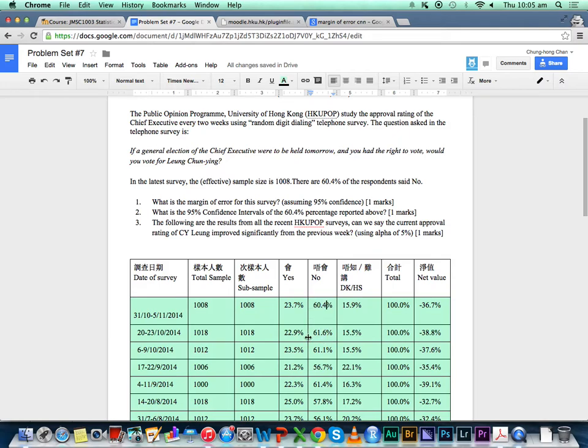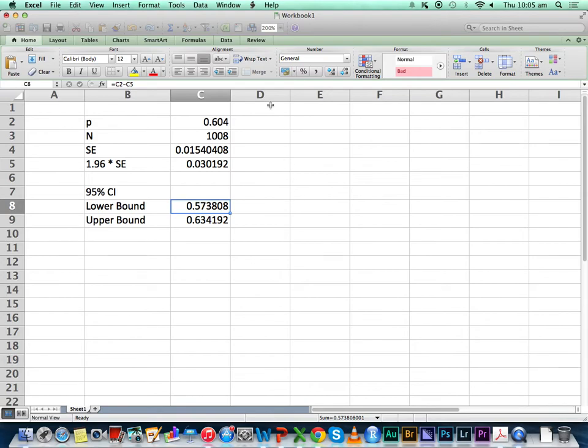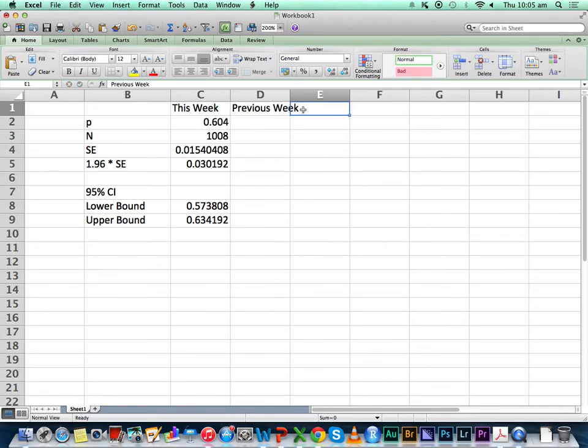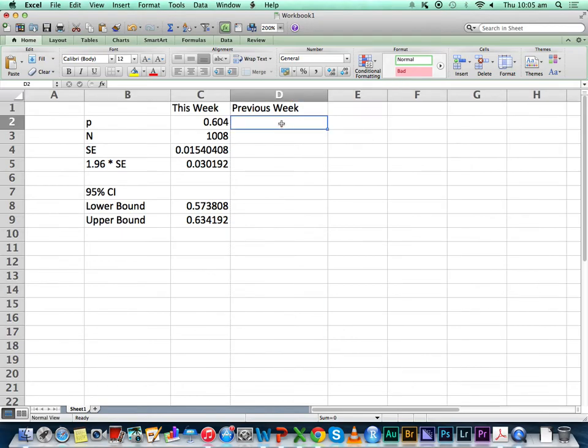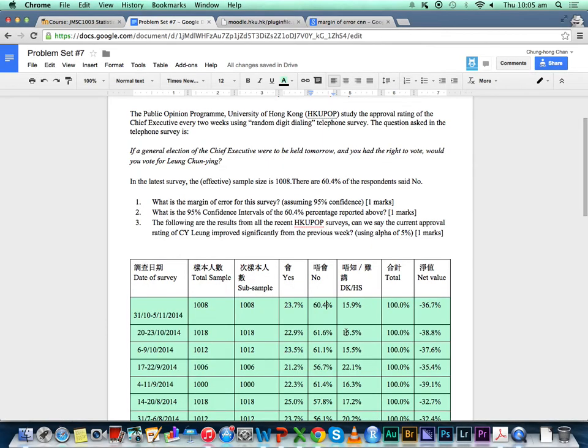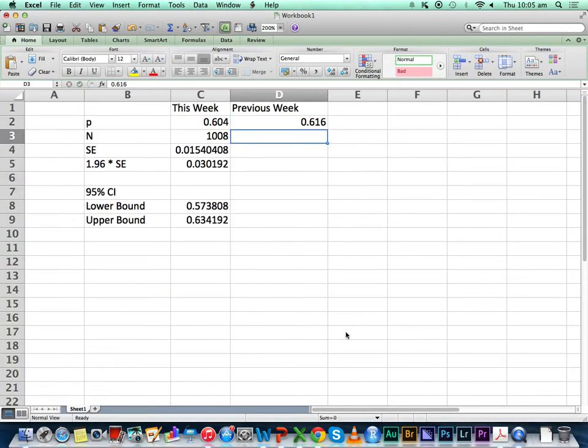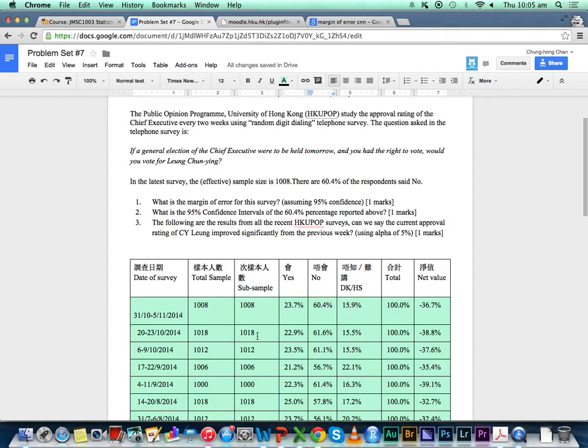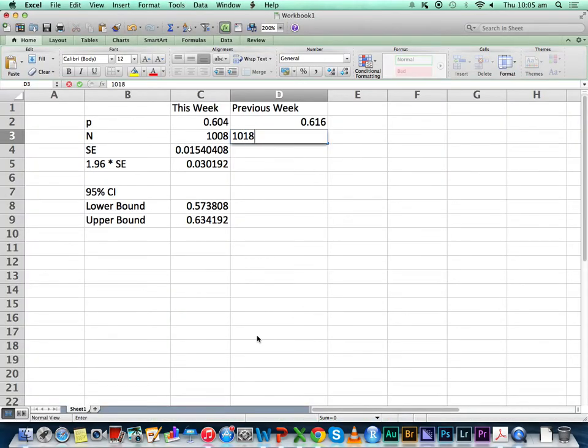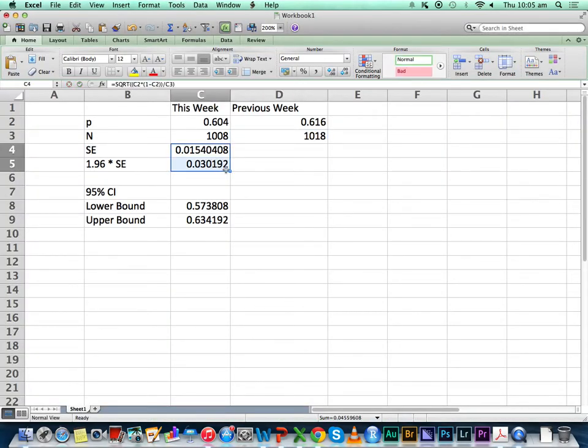And the other way to answer this question is, okay, this one is for this week. And we can also calculate the 95% confidence interval for the results from the previous week. We just plug in the number 61.6, and the sample size is 1018.